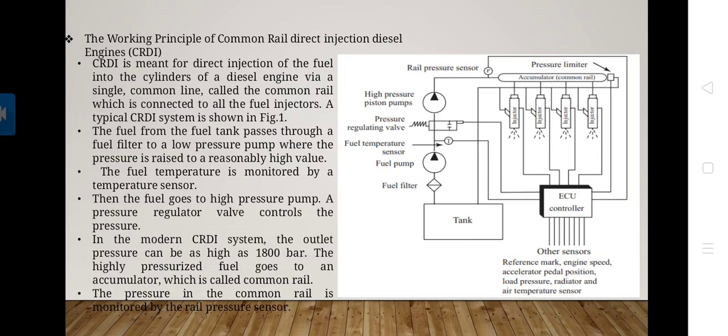In modern CRDI systems the outlet pressure can be as high as 1800 bar. This high pressurized fuel goes into the accumulator, also called the common rail, and the pressure in the common rail is monitored by the rail pressure sensor situated there.